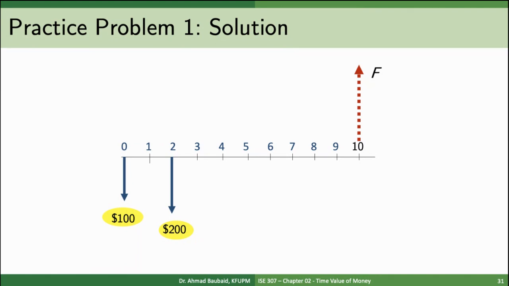After 2 years, it will become 121. So we will do the calculation after 2 years, which will become 321, multiplied by 1 plus 0.1 to the power of 8.